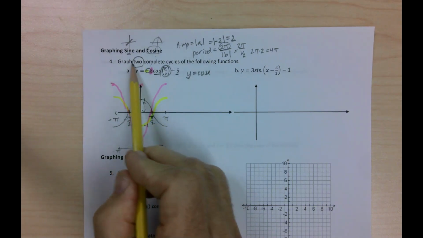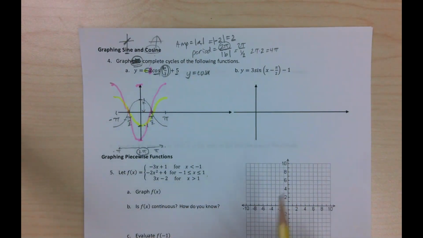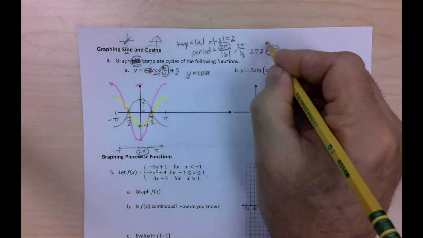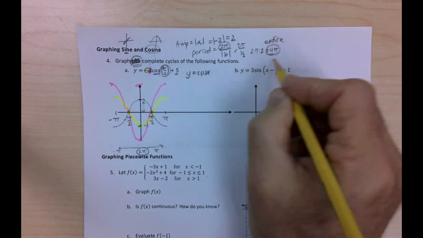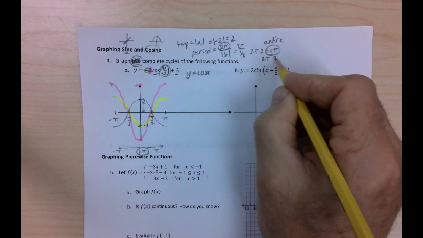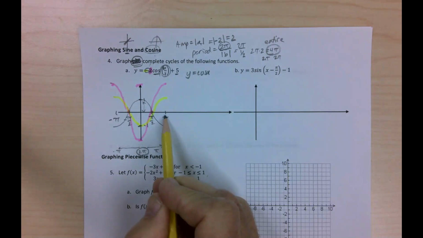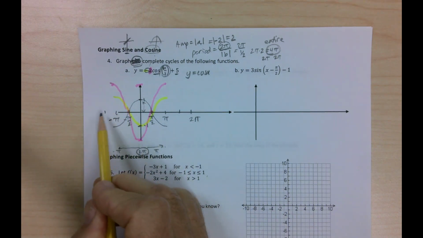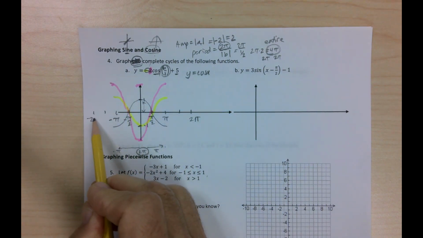So 2 cycles, I'm not going to be able to fit it on there, so I'm not too worried about that. Because if 4 pi is my entire period, then I need 2 pi on one side and I need 2 pi on the other. So this needs to go out to 2 pi, and then this needs to go out to negative 2 pi.